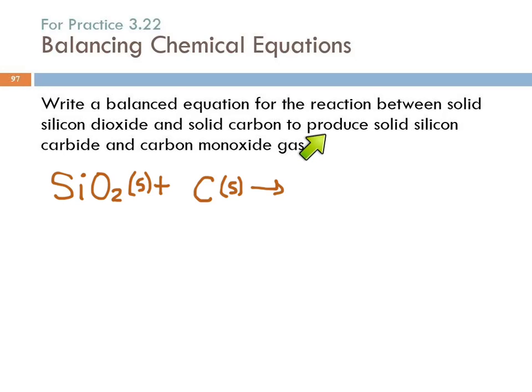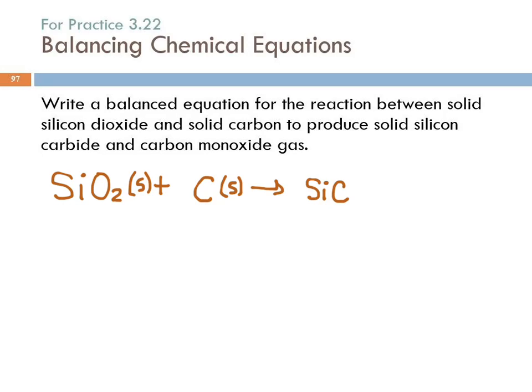To produce solid silicon carbide. So silicon carbide. Well, from the rules, what kind of a compound is that? Be molecular, right? There's no numerical prefixes in there, so we're going to assume that it's SiC.